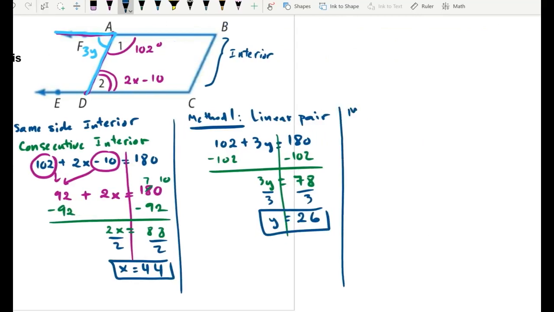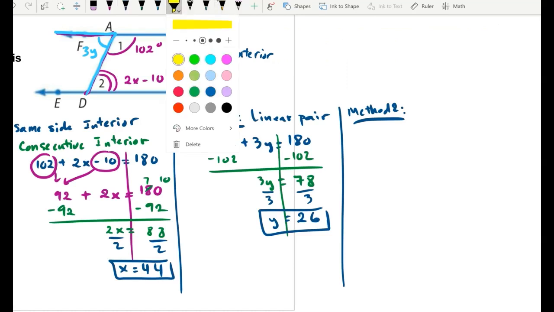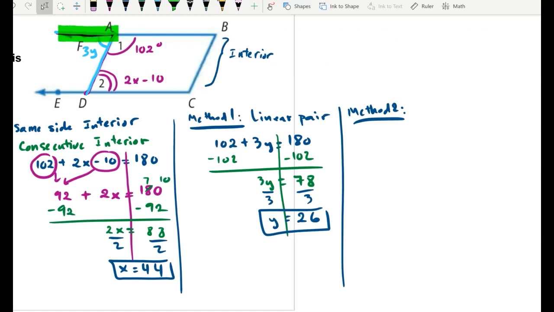If you want to know about method 2, another option, we will look at angle 3y and angle 2. Those two angles are alternate interior angles, and we talked about this in class.